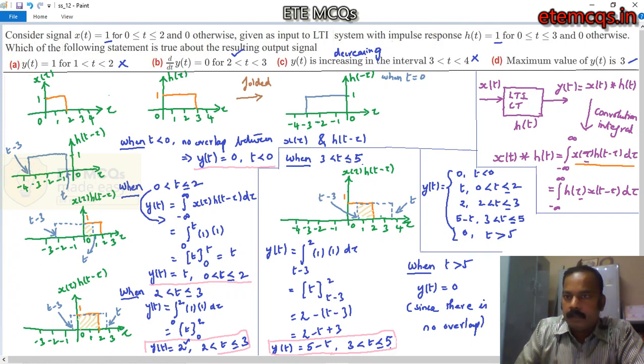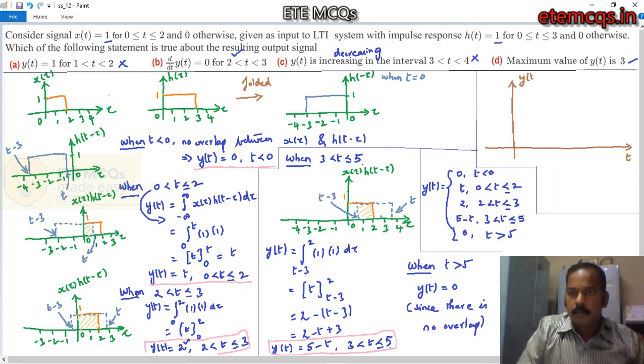You can also have a graphical representation for y of t. So let me just draw the graphical representation again for your understanding. That is the output that is obtained using the convolution integral. 0, 1, 2, 3, 4, 5, 6, 7, and so on. Now the amplitude is 1, 2, and 3.